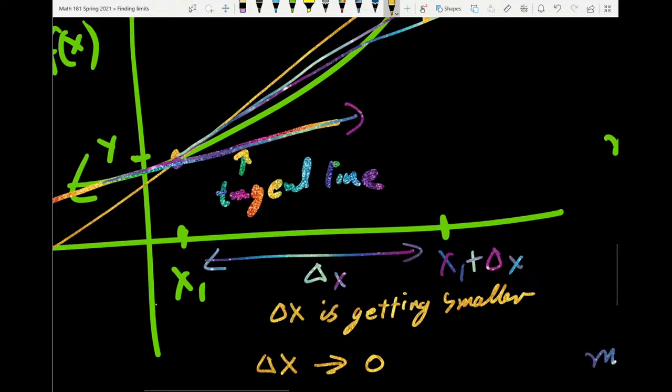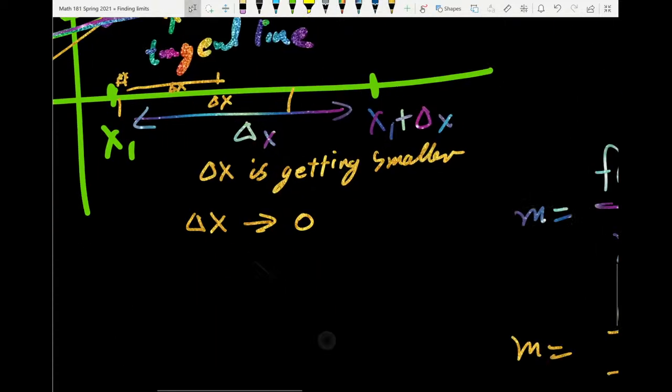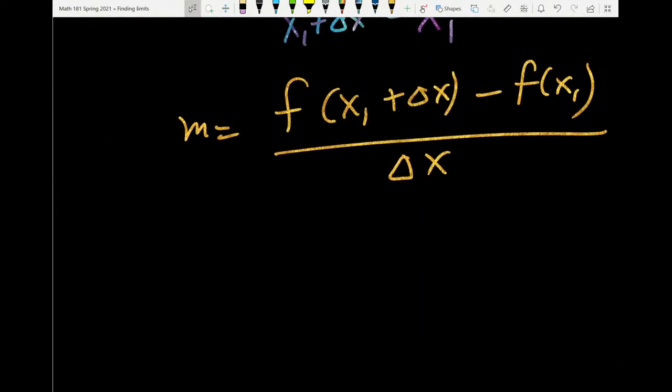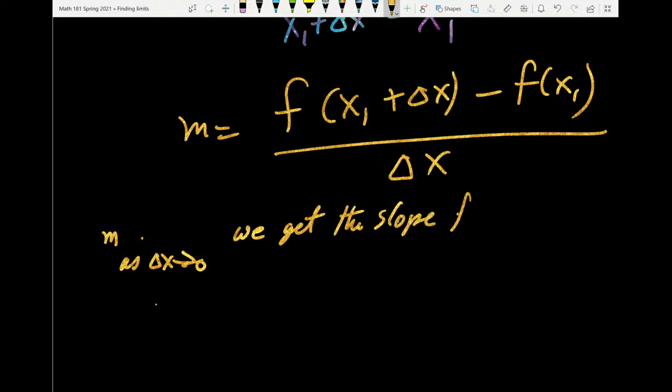As delta x gets smaller from this big one to a smaller delta x, then another smaller delta x, eventually delta x gets so small that it goes to 0. So as delta x goes to 0, we get a tangent line. So for m, as delta x goes to 0, we get the slope for the tangent line from the secant line.